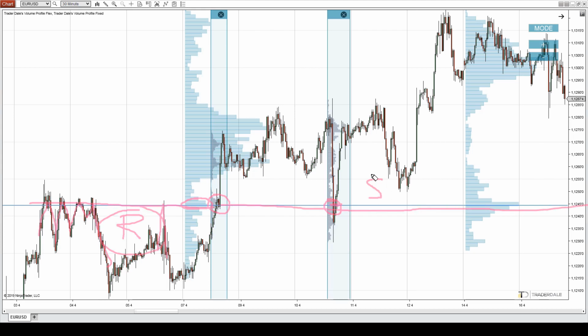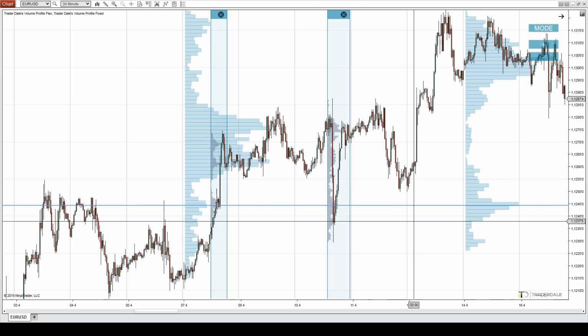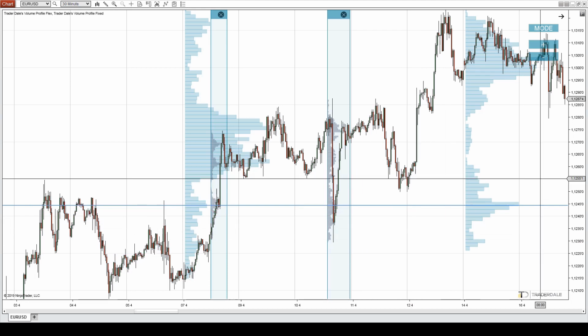So this is resistance becoming support. We also have the rejection setup in here, and we also have a small confirmation on the weekly profile right there. Alright, so those are the confirmations of the level.